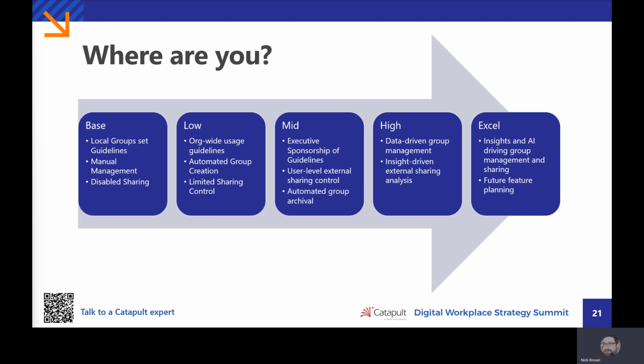Stepping up to mid, we have executive sponsorship of guidelines, user-level external sharing control, and automated group archival. Next, with high, we have data-driven group management, insight-driven external sharing, and analysis. And finally, with Excel, we have insights and AI driving group management and sharing, and future feature planning.